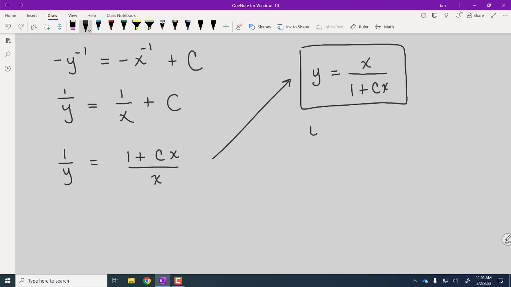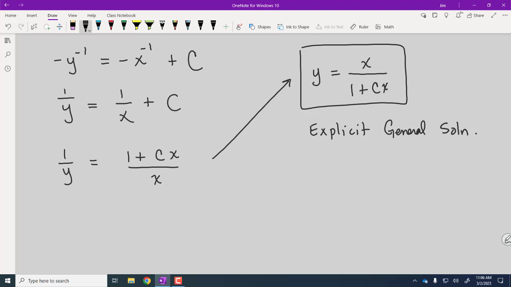So this is called the explicit general, let me put the word general in there. This is the explicit general solution. So it's explicit because we isolated the y.